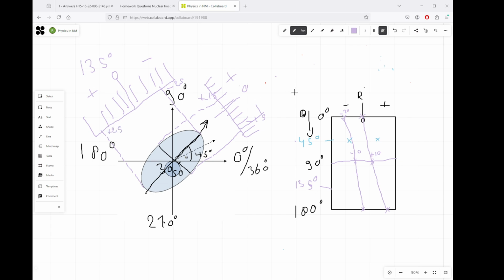So now we'll put this mark in our sinogram. Let me just take this as minus 25 and this as plus 25.